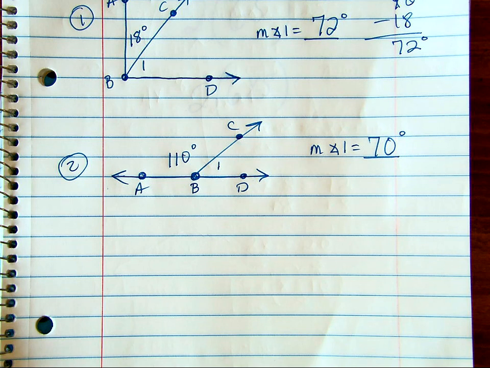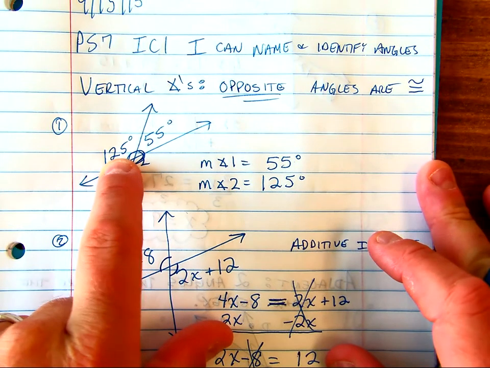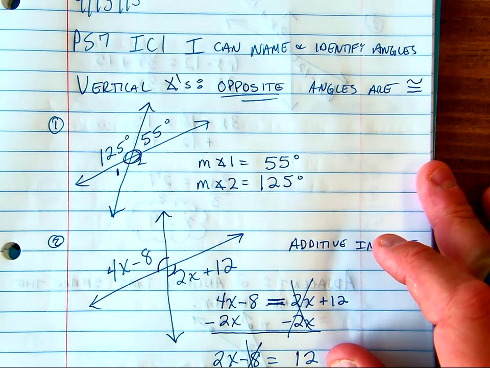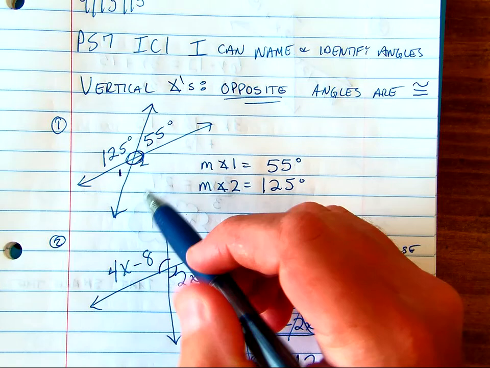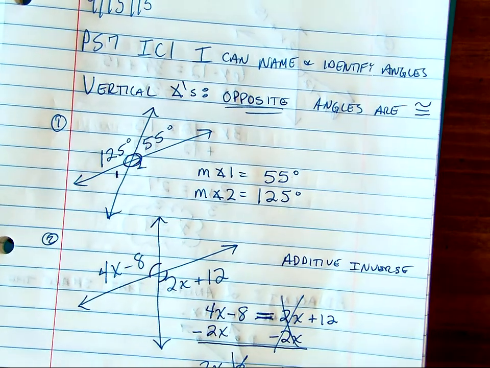So now watch what we're allowed to do. Remember, yesterday and today, look at how many angles I gave you. 1, 2. And I said, don't use a protractor and tell me exactly how much angle 1 and 2 is. Now watch this.